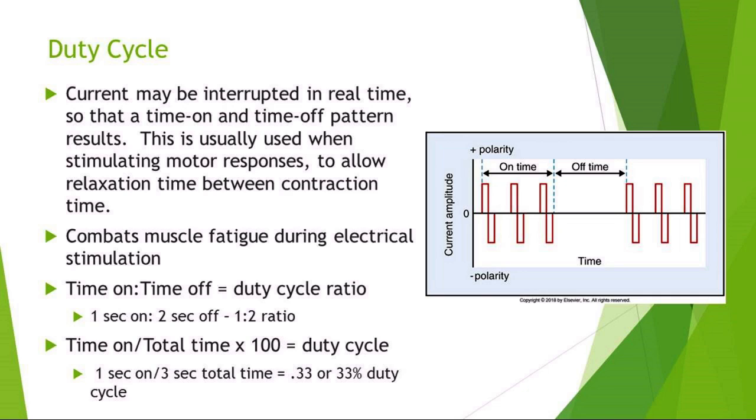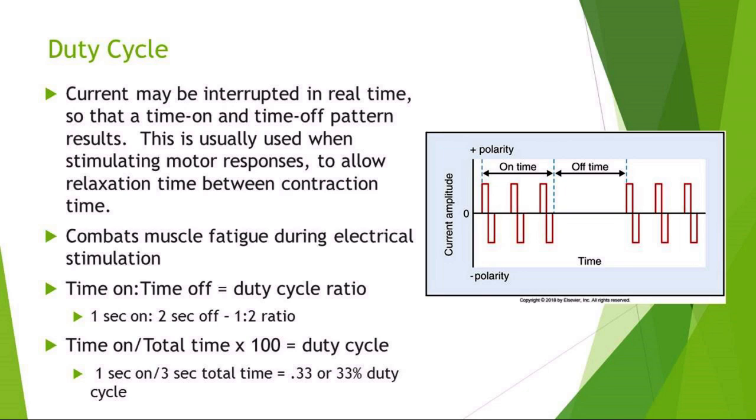If it's going at 10 cycles per second, you probably can feel each distinct one. So on-off time or duty cycle is usually used when you're stimulating motor responses to allow relaxation time for the muscle between contraction times. So it combats muscle fatigue during electrical stim.